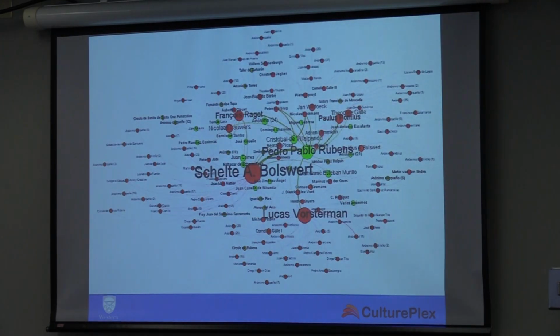When we do a network analysis of all the paintings by Rubens that we have, and people connected to the distribution of his paintings, you see that the bigger nodes are not even Rubens himself, they are Bolswert and his colleague, who are the two main engravers of the time. This is how the information about Rubens' paintings was distributed.